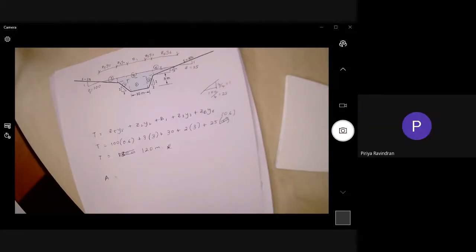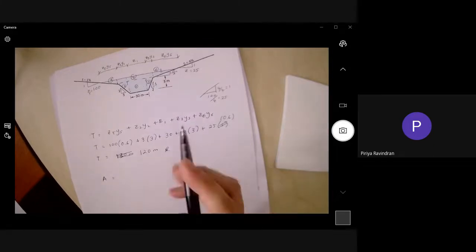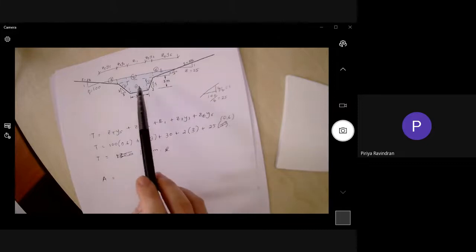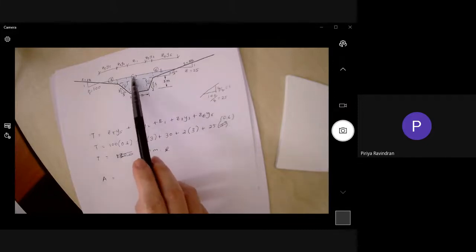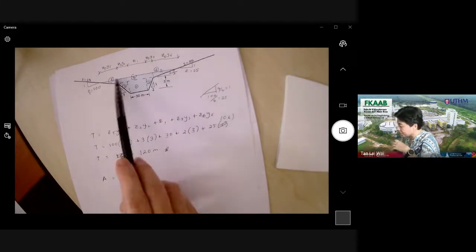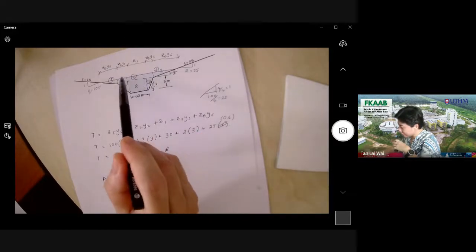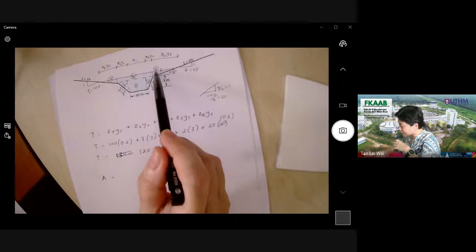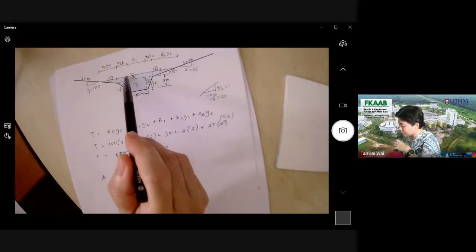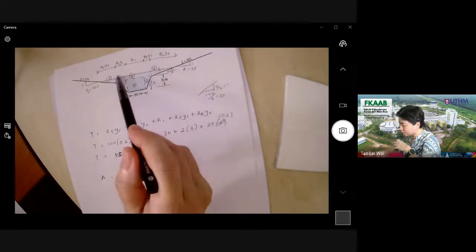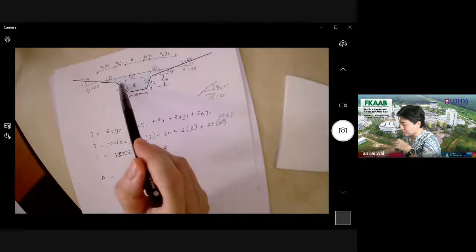How about if I only take the T of 5, 6, and 4? Is it wrong? But I get the same answer too. Yes, correct. But you can find 5, 4, and 6. You still have to find this, right? The 4 one, how are you going to find 4 one? You still have to find this, right?